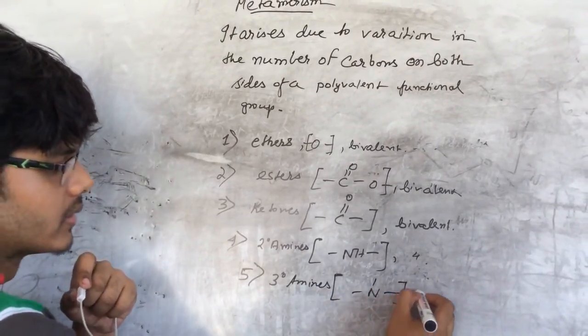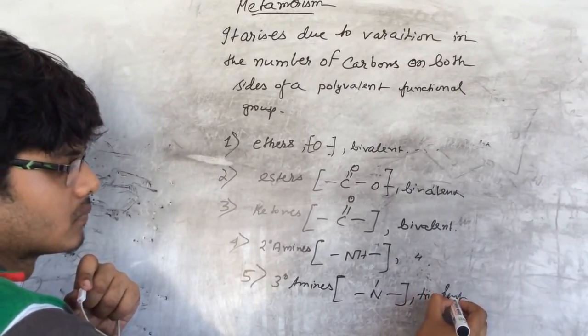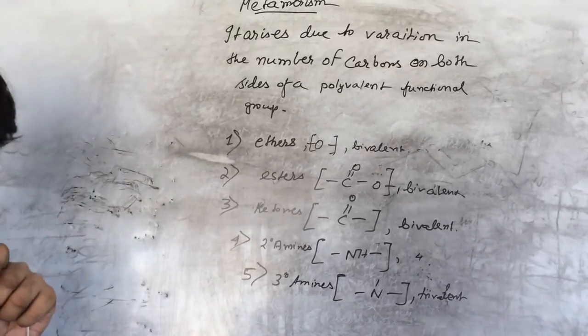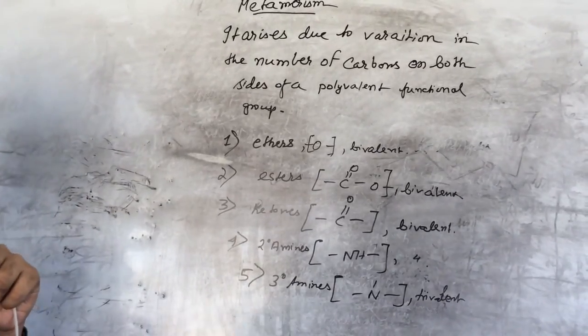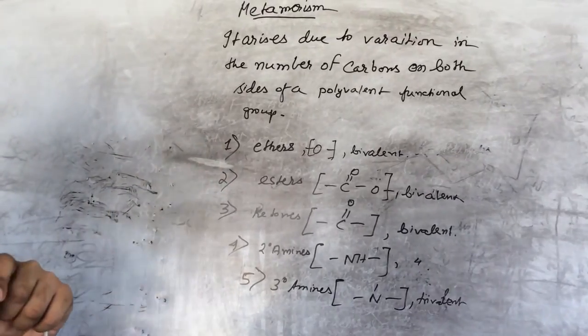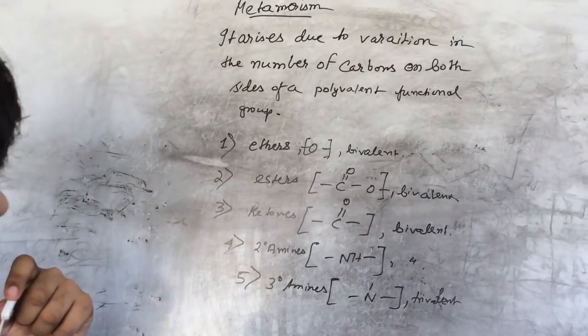This is trivalent. And so these are the cases where you can find metamerism, and let's move on to the examples so that you can understand better.